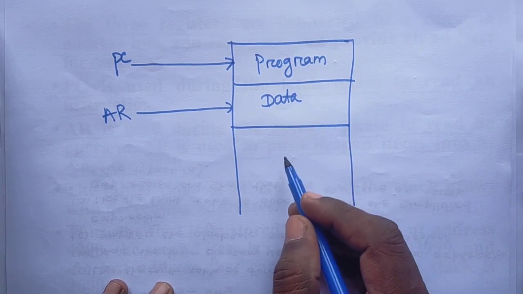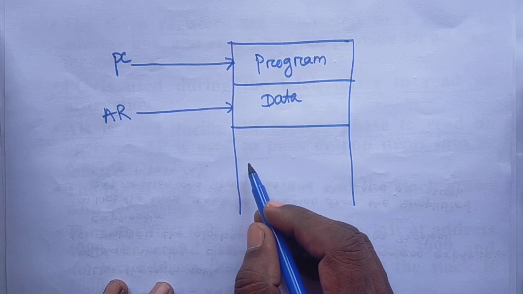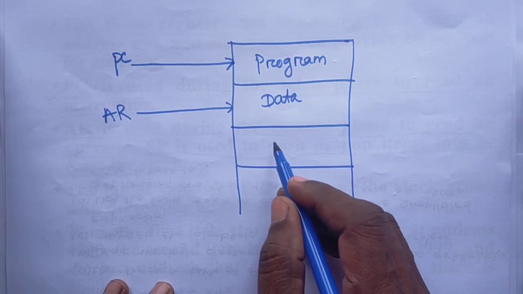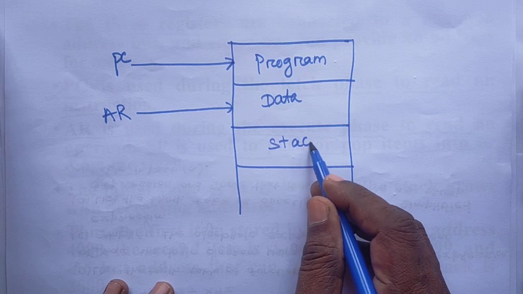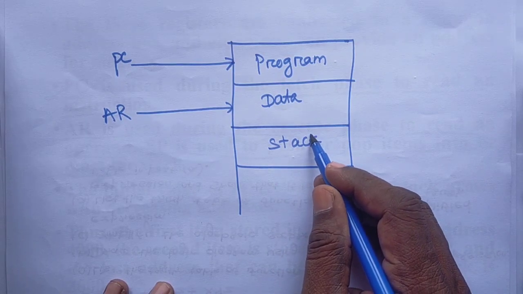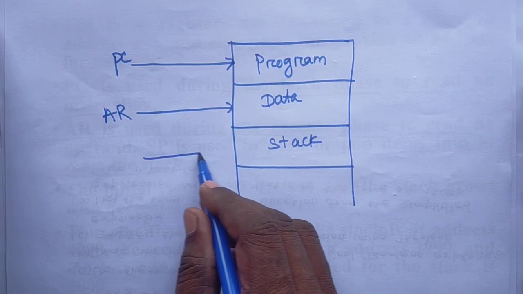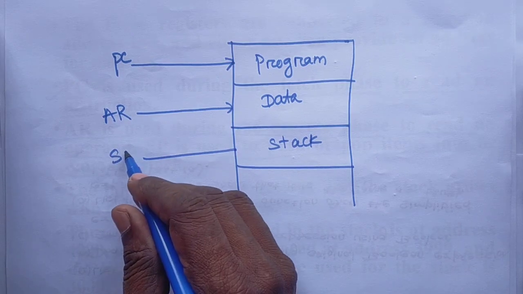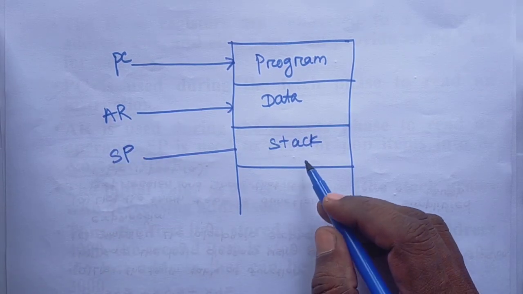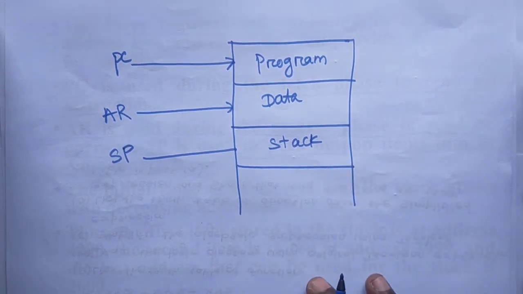And the last one is the stack. It is identified by the stack pointer, SP, because the stack contains a number of addresses, and the stack pointer identifies the top position of the items.